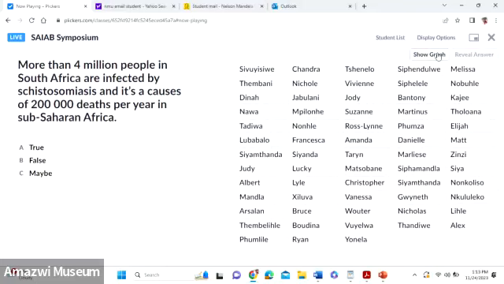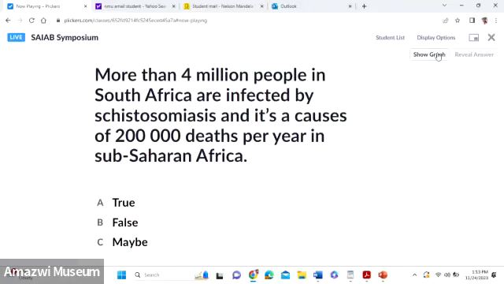Fourth question, more than 4 million people in South Africa are infected by it, and it's a cause of 200,000 deaths per year in sub-Saharan Africa. A, true, B, false, C, maybe.